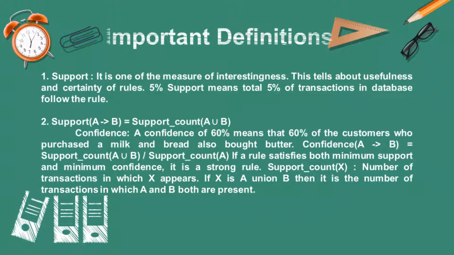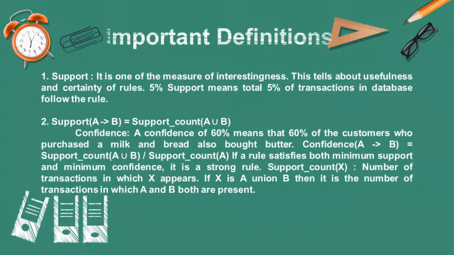A confidence of 60% means that 60% of the customers who purchased milk and bread also bought butter. Confidence (A implies B) is equal to support count (A union B) divided by support count (A). If a rule satisfies both minimum support and minimum confidence, it is a strong rule.